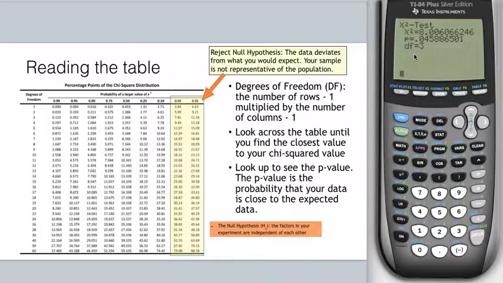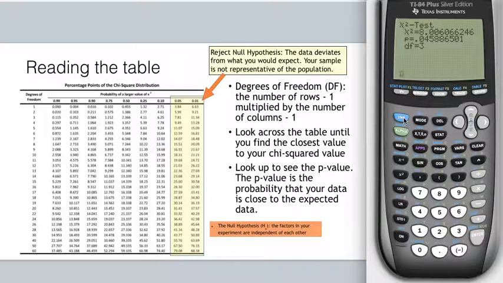It might ask you to draw a table of expected values, in which case you can go back to second, now that we've done our chi-squared test, matrix, and you can go across, back to edit, and look, B has now been filled in. So let's have a look at what B says. Here we go. It has now filled in the expected values all across here.